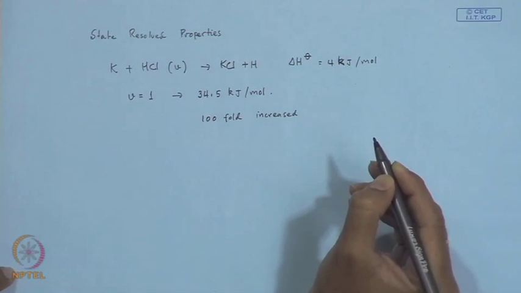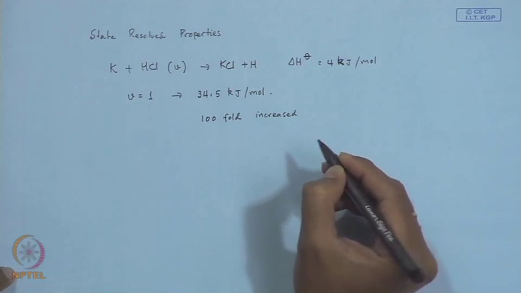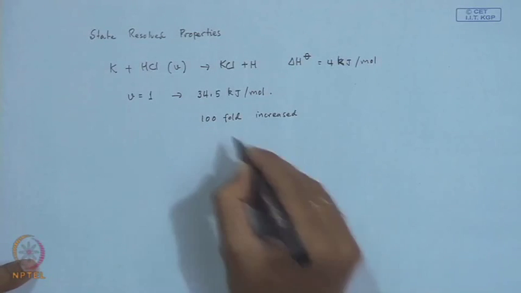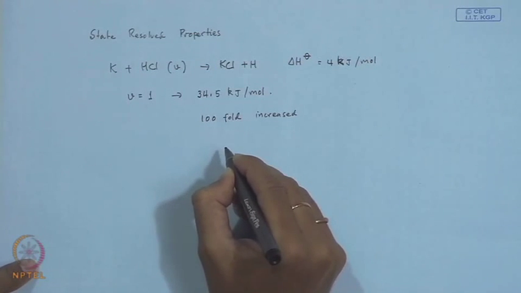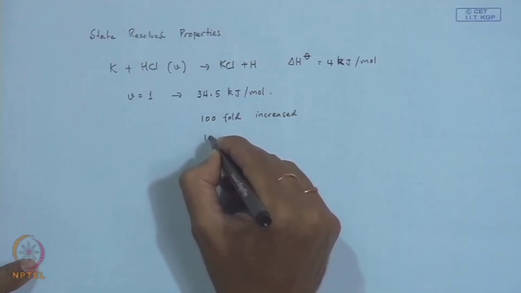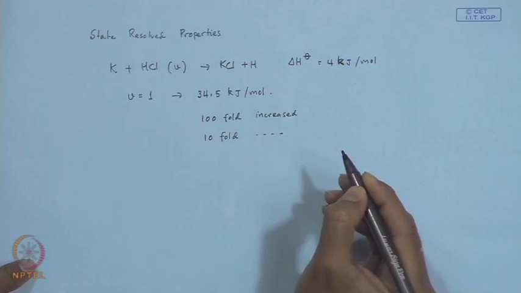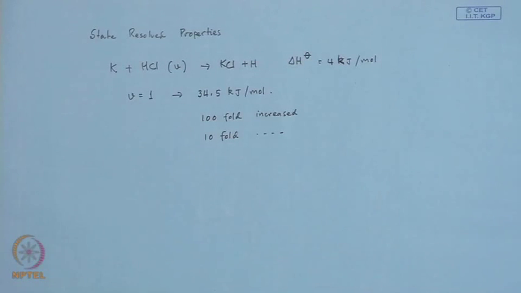But if you put this energy into the translational degree of freedom, then the rate has been found to increase only 10-fold. So, what can you say about it? What is the conclusion?